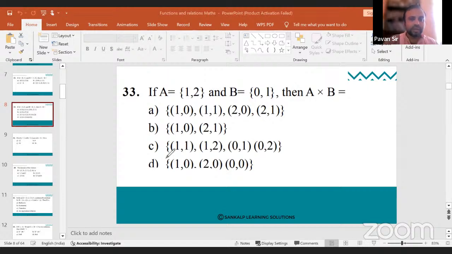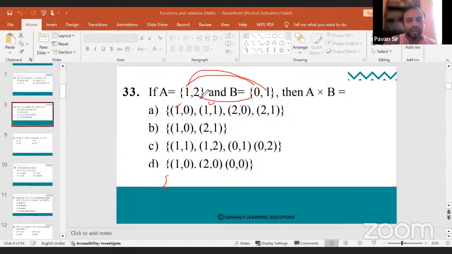So it is A cross B, just, it is 1 0. Correct? First is 1 0. It is present here, 1 0. Second, 1 1. 1 1 is also present. Third option, 2 0.